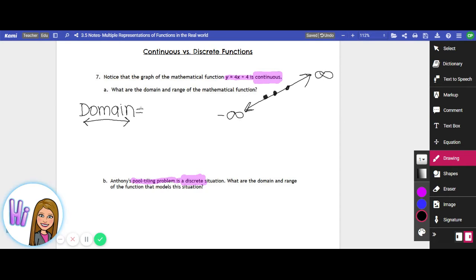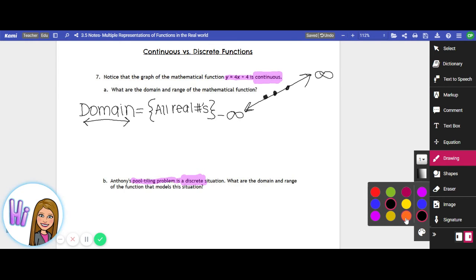Just to remember, domain goes left to right. So our domain is the set of all real numbers. And like I said, we use these brackets to represent the set of.